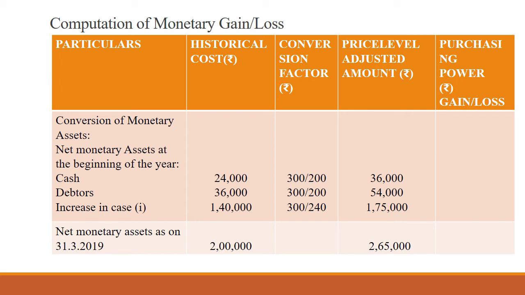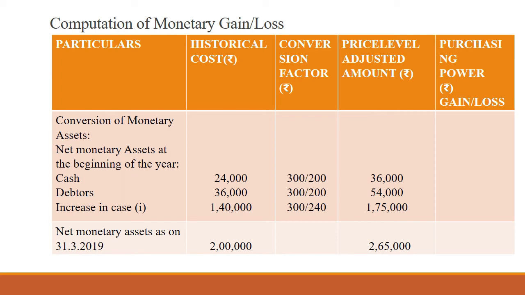An increase in cash, that is from the previous note prepared, amounts to 1,40,000. That is 300 divided by 240. 240 is used because sales proceeds are happening throughout. Therefore, they should be taken. It amounts to 1,75,000.